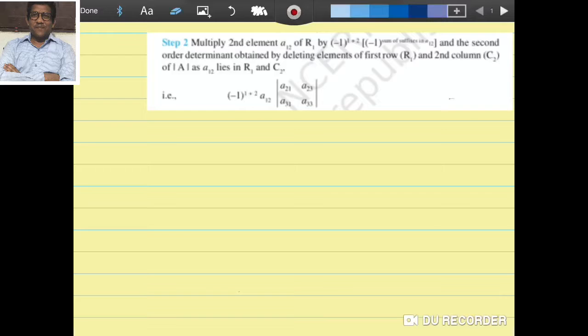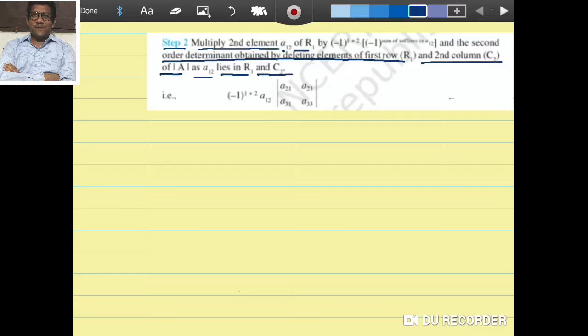Step 2. Multiply the second element a12 of R1 by minus 1 to the power 1 plus 2 and the second order determinant obtained by deleting the elements of row 1 and second column C2 of determinant A, as a12 lies in R1 and column number 2.